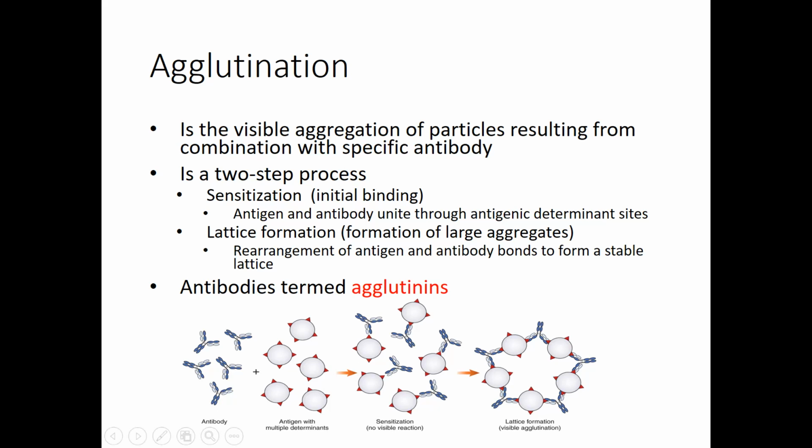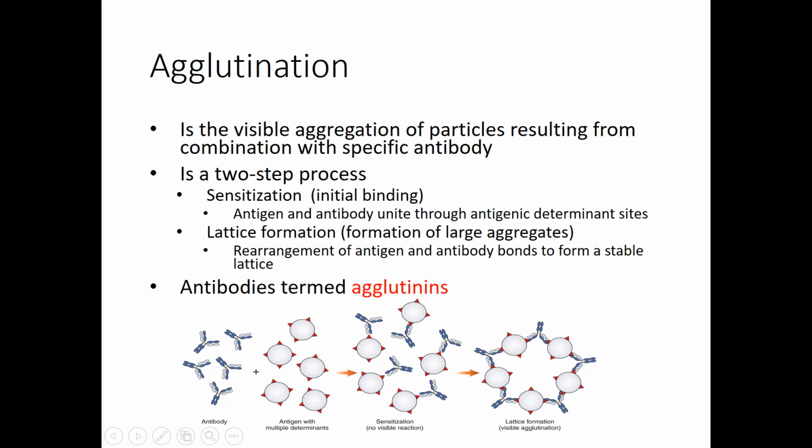This is the initial binding, and what did we remember about that? It's somewhat stable, but it's reversible, right? It's not necessarily the strongest binding ever. So this is still reversible at this point. The second step is the lattice formation, where one antibody binds to epitopes on multiple cells.